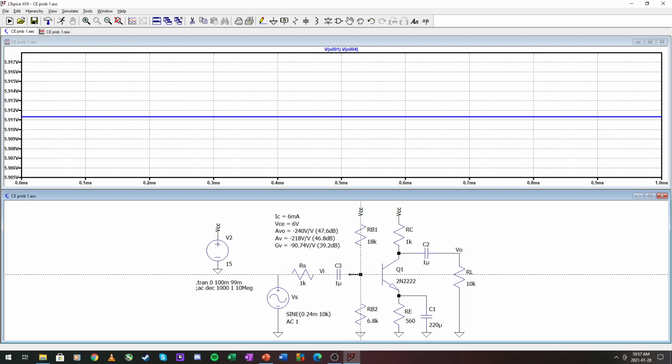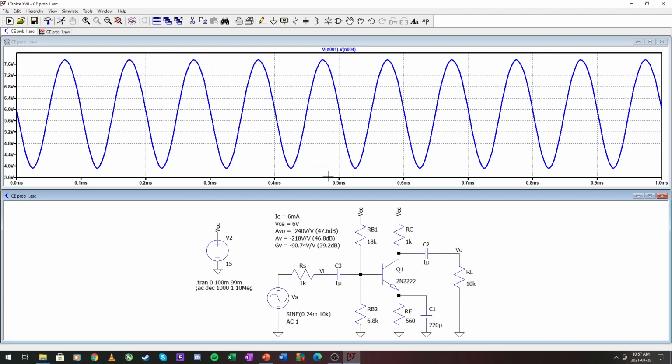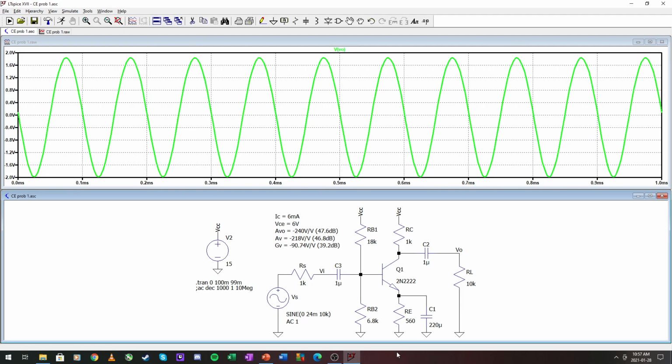Okay, so that is our two DC design points reached, and here I inserted the maximum allowable VS value that I calculated off screen.